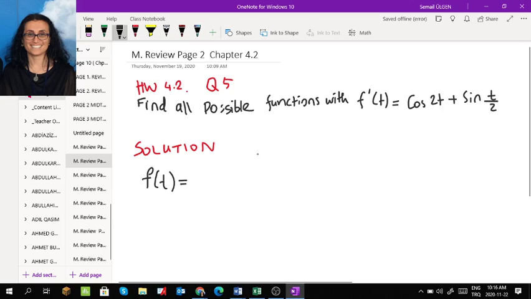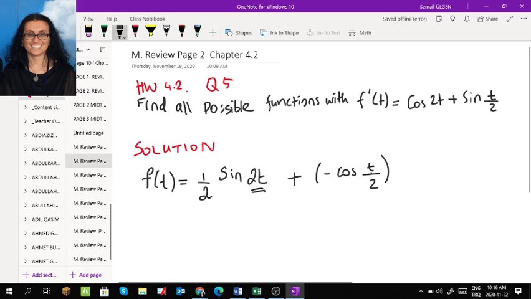So it has to be sine first of all, because the derivative of sine is cosine, and we are going to have 2t here too. Take the derivative of sine, you get cosine. If you take the derivative of the inside, you have 2. We have to get rid of that, so we multiply this with 1 over 2 so that it cancels. And here, the derivative of negative cosine is sine, so it should be negative cosine t over 2.